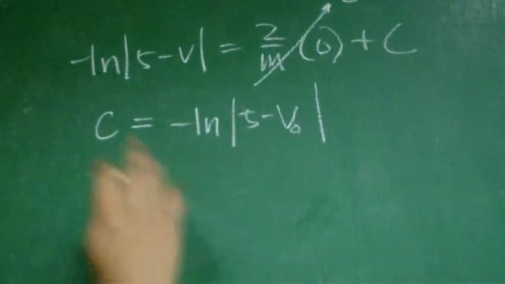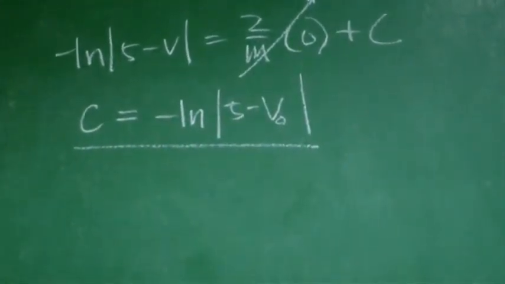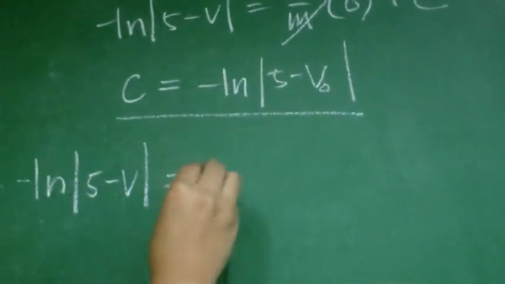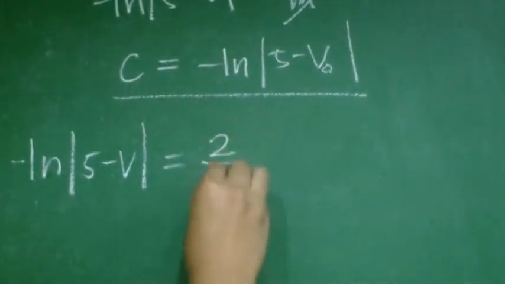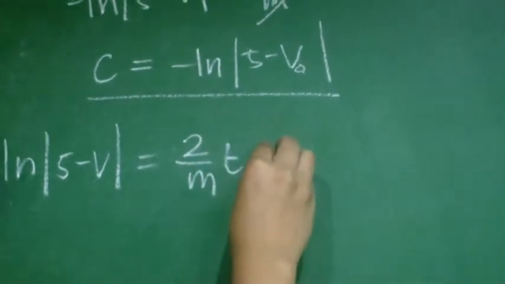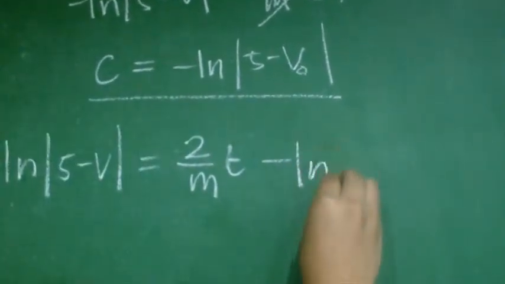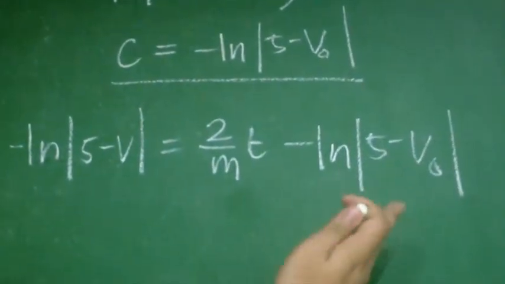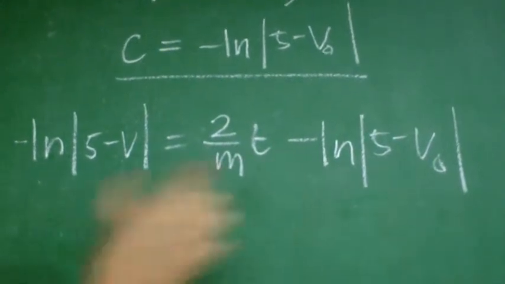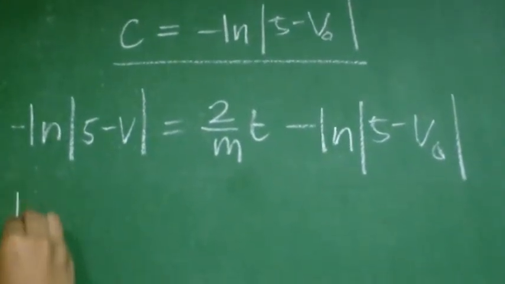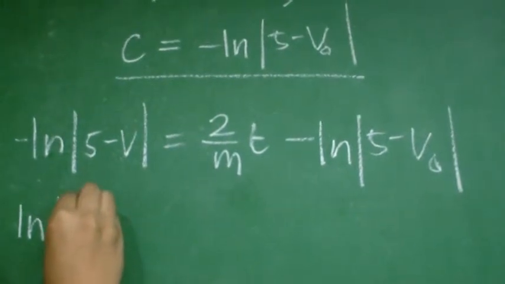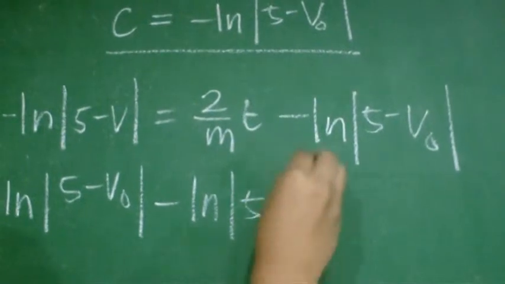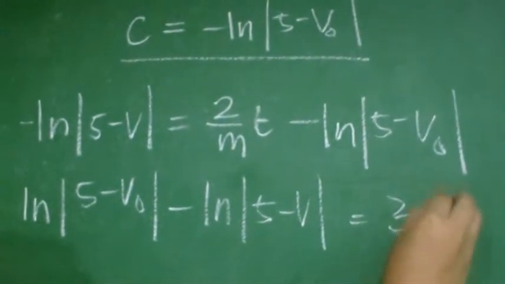Now, substituting the value of c to the previous equation, we have negative ln of 5 minus v is equals to 2 over m times t minus ln of 5 minus V0. Now, transferring this term into the other side, we have ln of 5 minus V0 minus ln of 5 minus v is equals to 2 over m times t.